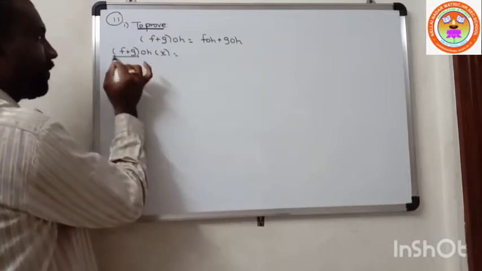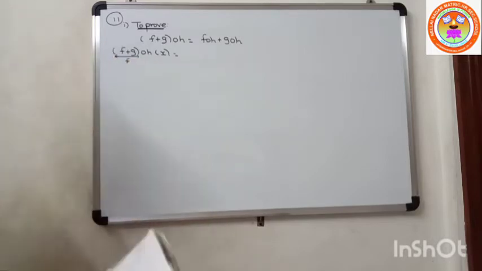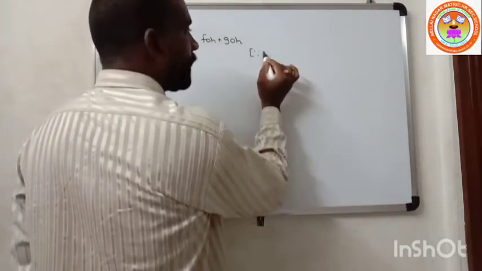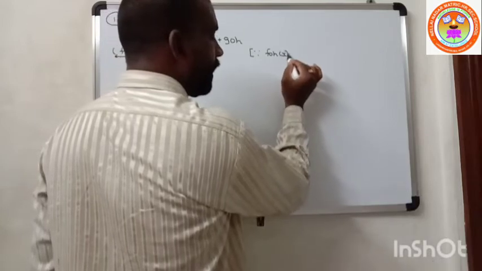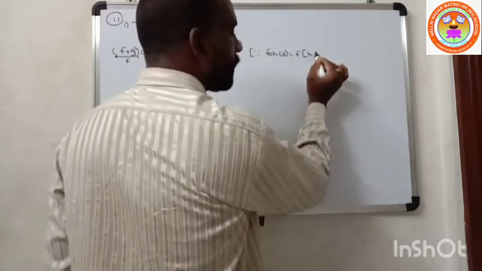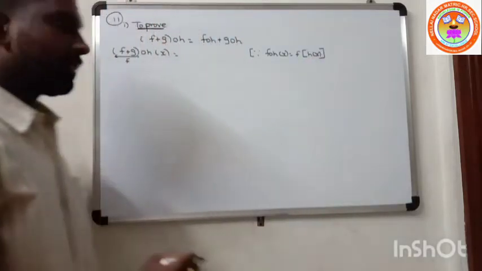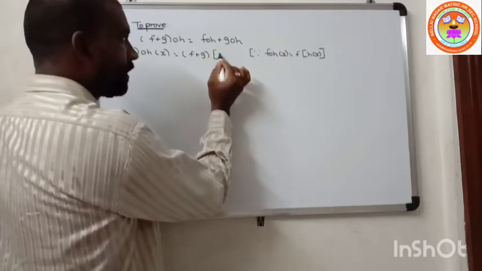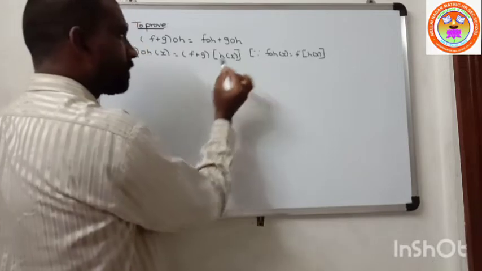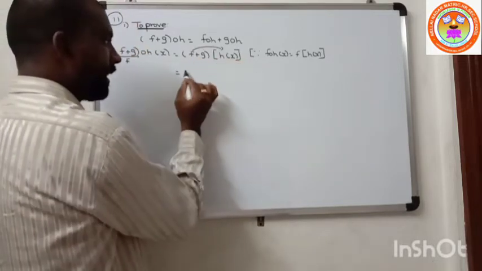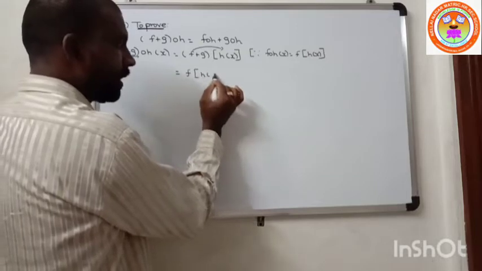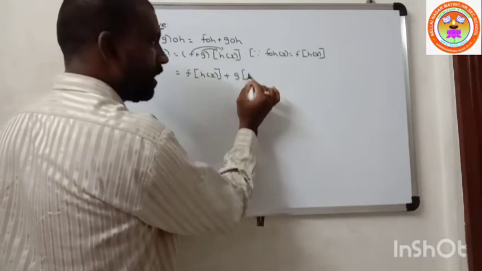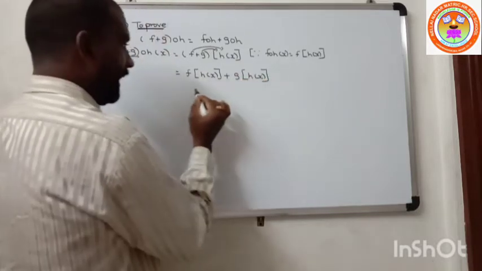This bracket term you take it for f. f composite h, we know the formula: f composite h is f of h of x. (f plus g) of h of x: f inside multiplying, f of h of x, g inside multiplying, g of h of x.